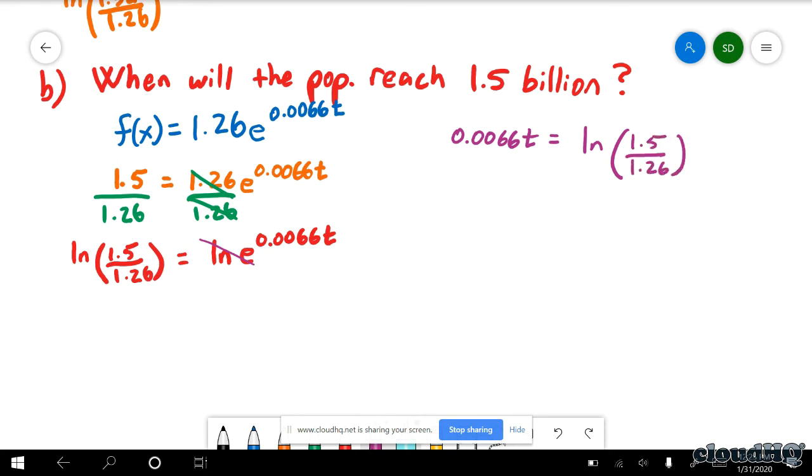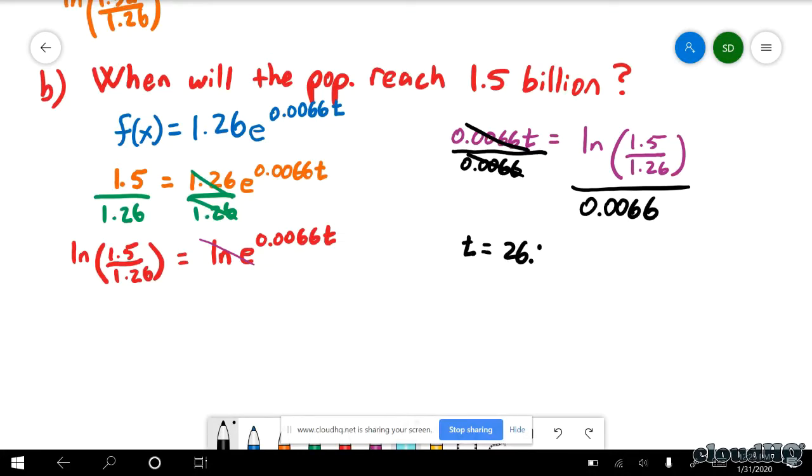And so to finish it off, I'll divide by the 0.0066. Plug that in the calculator. And we get that t is about 26.4.